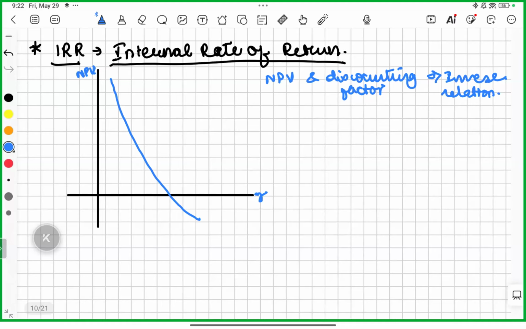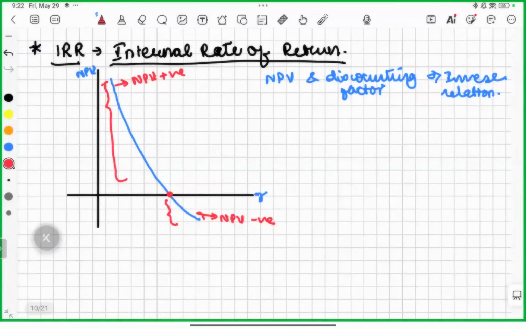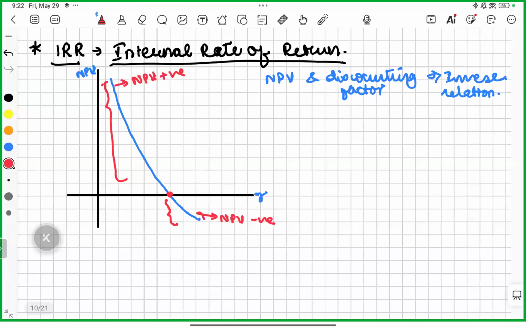Okay. Now see, if you see this graph, you see here your NPV is positive here. If you see this quadrant, your NPV is negative. Okay. So after a certain level of discounting, if your discounting factor is too high, your NPV becomes negative. But there is a point where your NPV is equal to 0, exactly at this point.